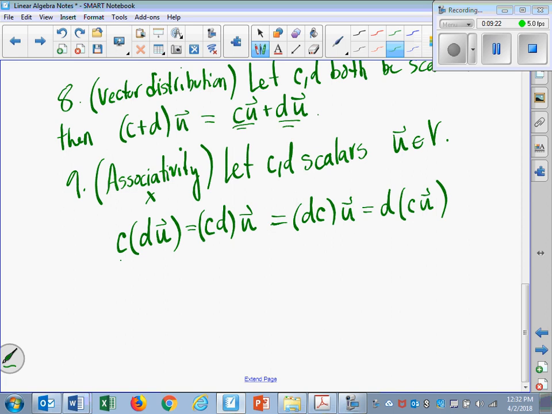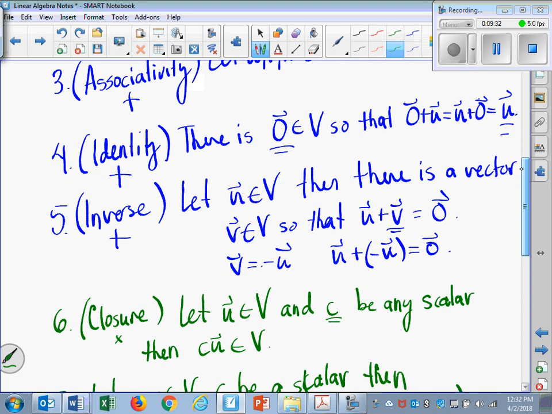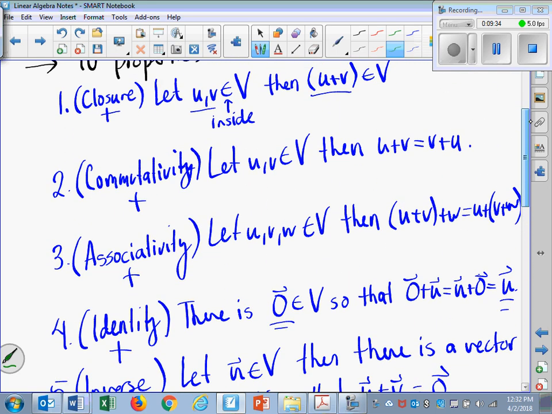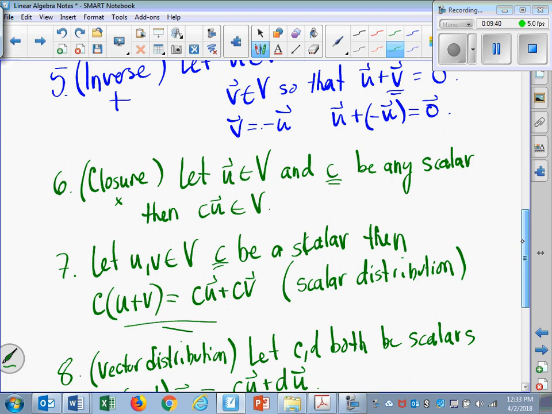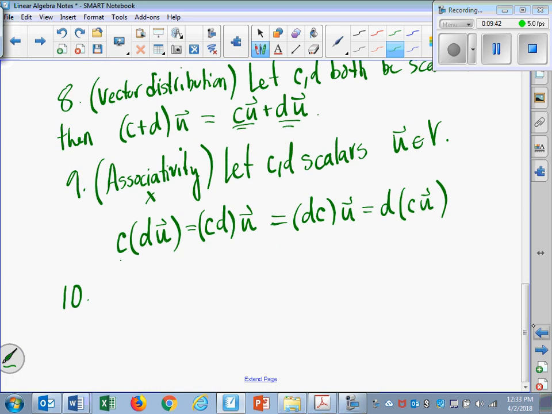Okay, well, the last property, the 10th property, has to do with multiplication again, and it's like what we've seen up above here for the identity of a vector space for addition, but we want the identity of scalar multiplication. So we'll say identity, and I'm going to put a little multiplication down here, and so we want 1.